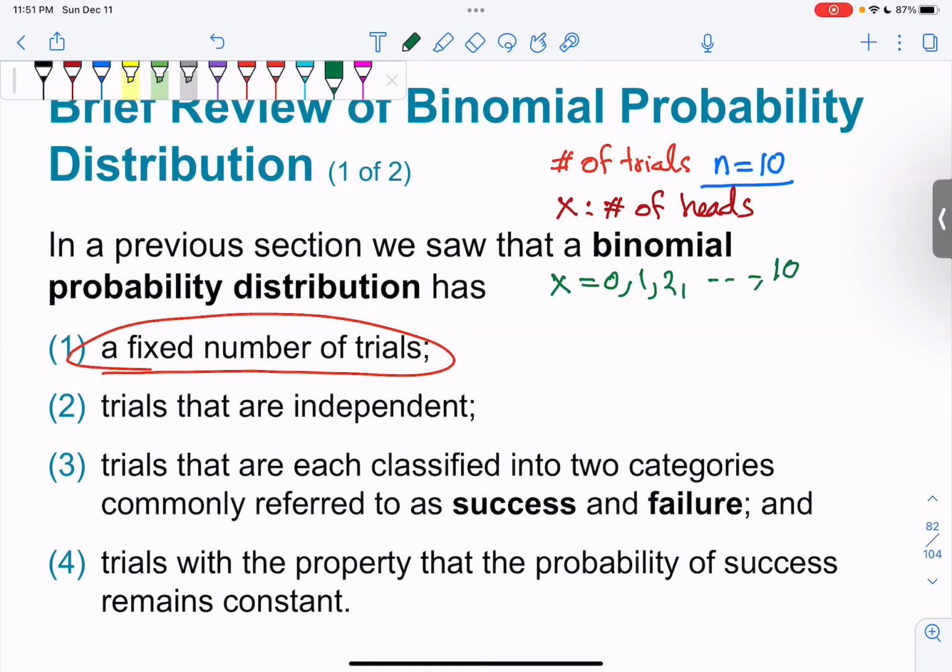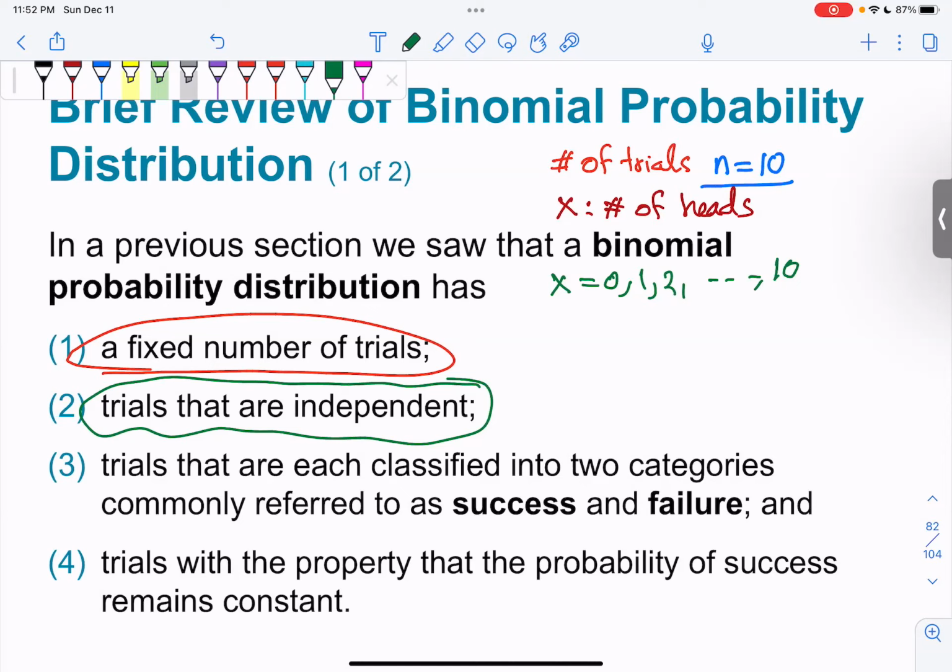And then the second one, the trials are independent. That means the result in the first trial will not affect the second trial, and the second trial will not be affected by the first result. So if we flip the coin and get a head, then in the second trial I might get head or tail, a 50-50 chance, okay?